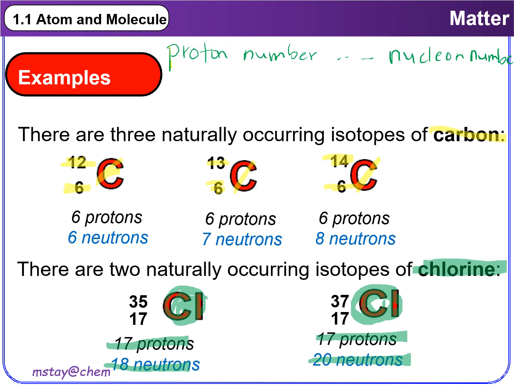So if you mention the number of protons, then when you continue with the definition, you mention the different number of neutrons. This is what we are going to emphasize in this slide.